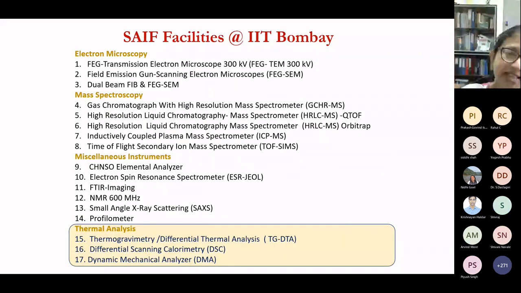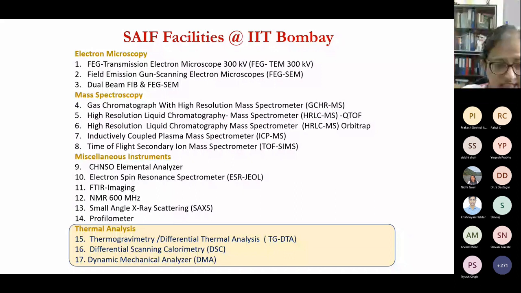Now, these are the facilities we have in IIT Bombay. You see, we have various electron microscopy facilities: the field emission gun transmission electron microscope 300 kV, then FEG-SEM, and the dual beam focused ion beam and FEG-SEM. These are the electron microscopy facilities. In addition, we have several mass spectroscopy facilities.